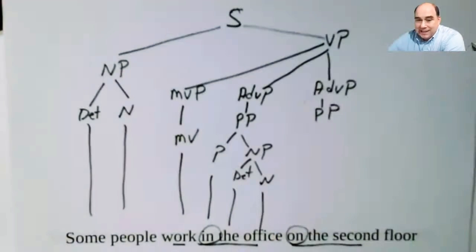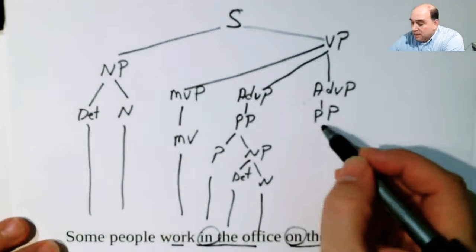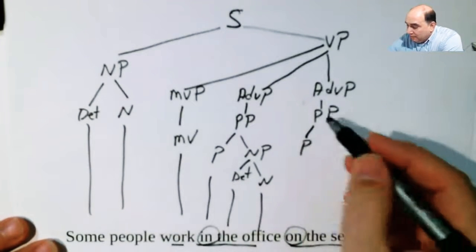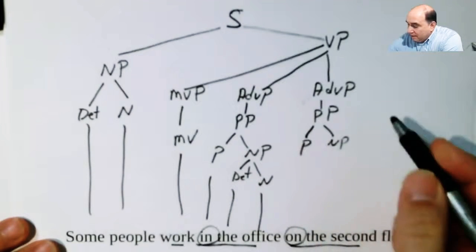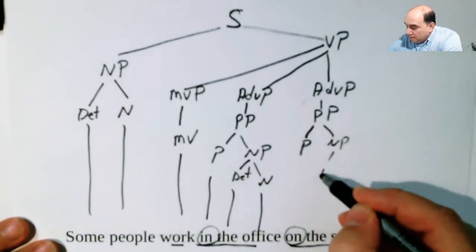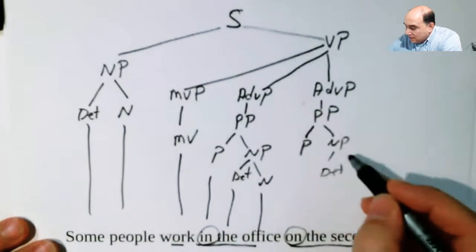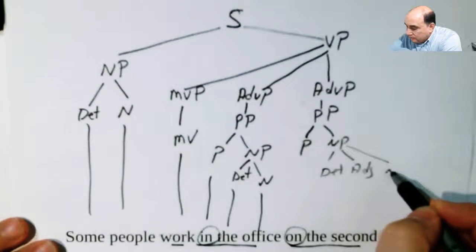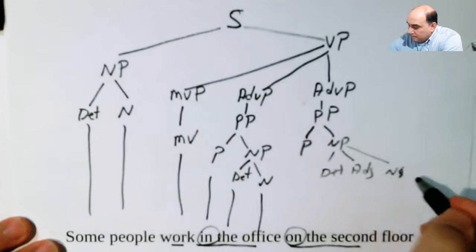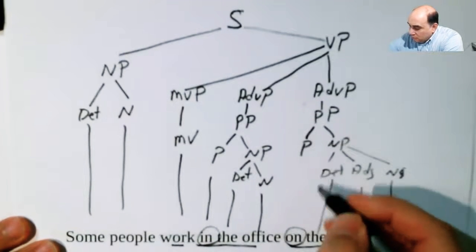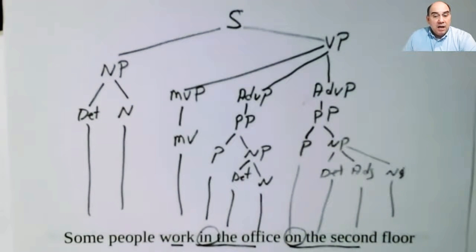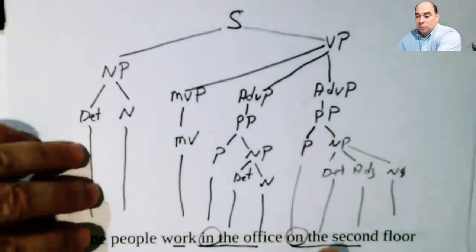Adverb phrase, and we have a prepositional phrase here, and the preposition, of course, is a preposition with a noun phrase, and the noun phrase has a determiner and an adjective and a noun. Just a noun. There we go. And there's your preposition. You see how that fits together very nicely in the sentence here. Okay, let's move on to the next one, shall we?